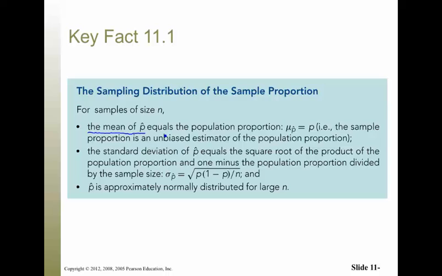If we're able to take all the samples of size n, then the mean of that sampling distribution would be the population proportion. So this thing right here is the mean of p hat values.